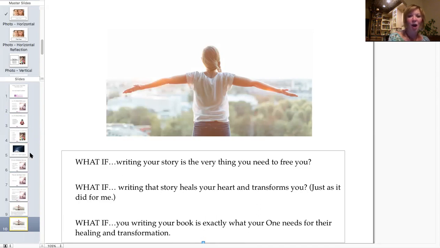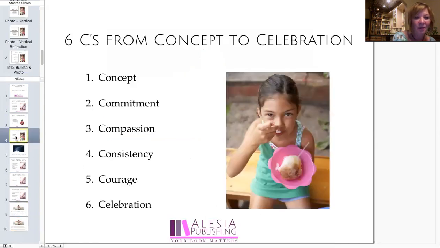I want to pop back up here and go over this again. We have the 6 C's from concept to celebration. Concept is about significance. Commitment is about love: self-love, love for others, love for your purpose, love for your idea, and love for the person you're actually writing the book for.